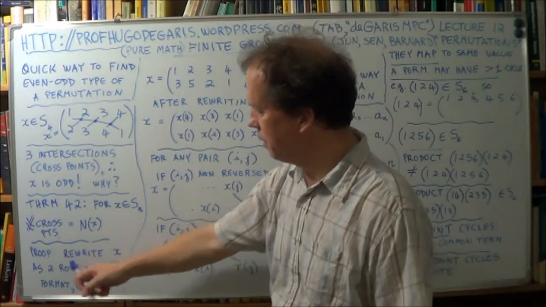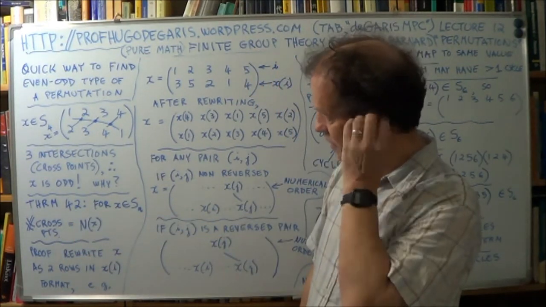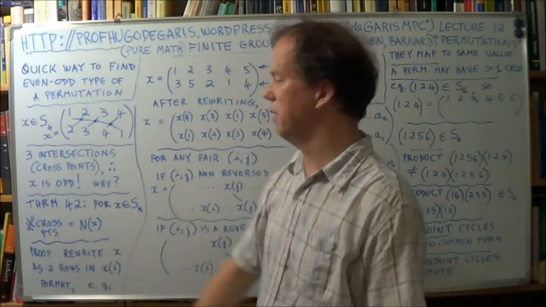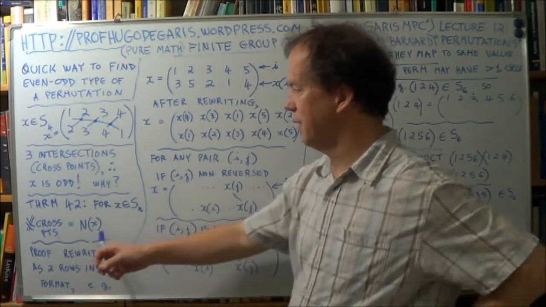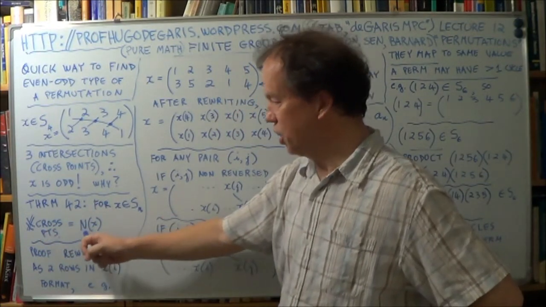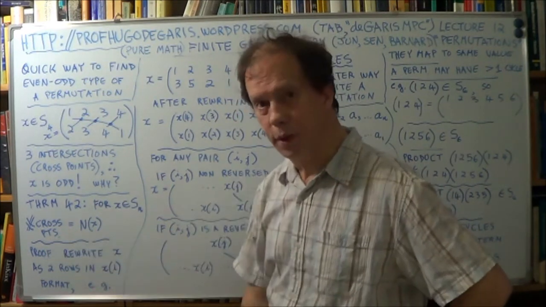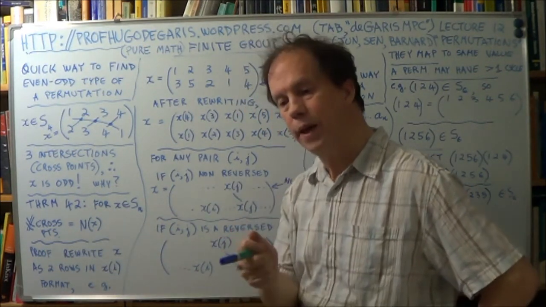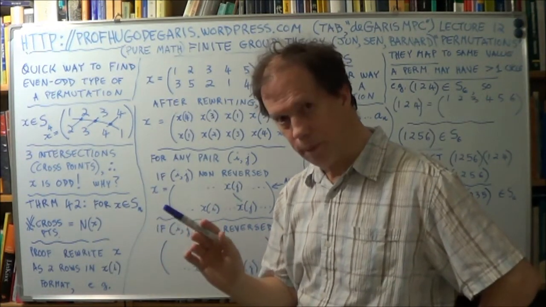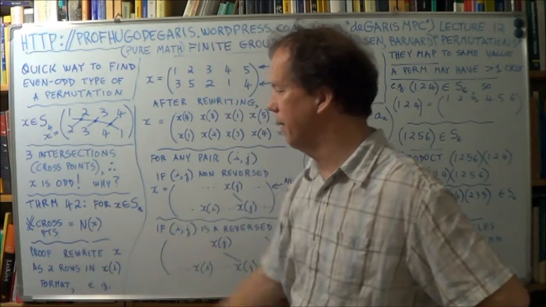So I'll now prove theorem 42, that the number of reverse pairs equals the number of cross points. Expressed a slightly different way, for each reverse pair there's 1 cross point. And if you have a pair that is not reversed, no cross point, no intersection. So it's really 1 to 1.